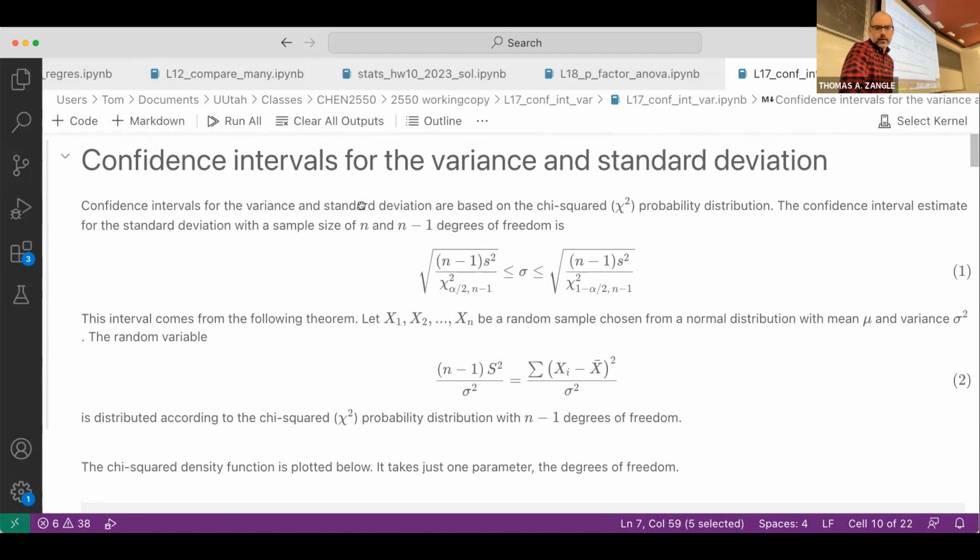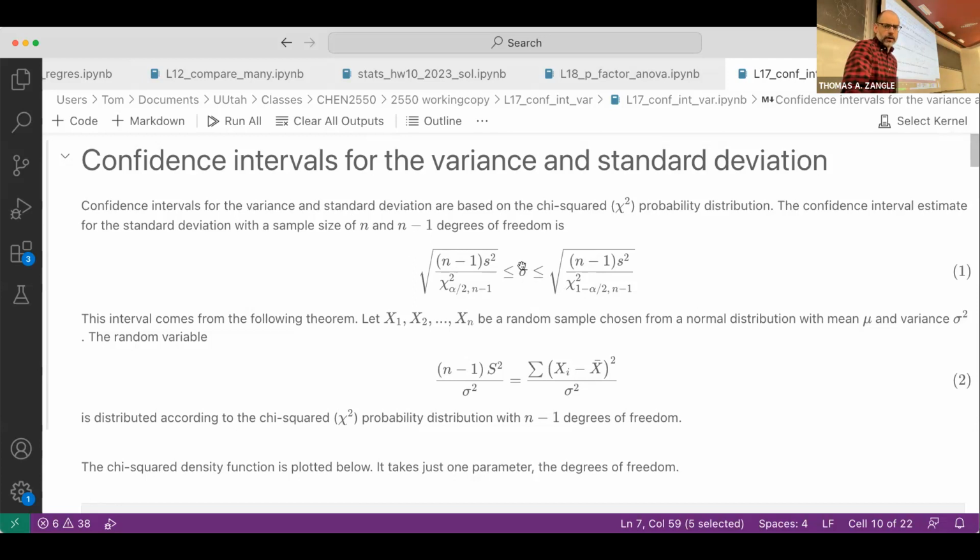this is formulated in terms of standard deviation. So we want to know what a confidence interval on the standard deviation from that data set is. This expression, equation 1, is what we can use to develop that confidence interval.